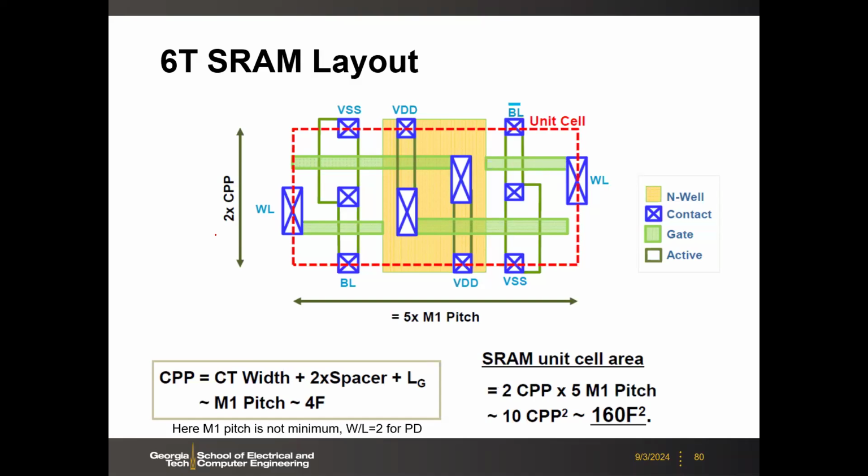Okay, let me ask. Where is the pull up? Any idea? The one connected to the VDD. Yeah, the one connected to VDD, that's a good catch because PMOS is attached to VDD. And you also need to notice that here the N-well is reserved for PMOS.